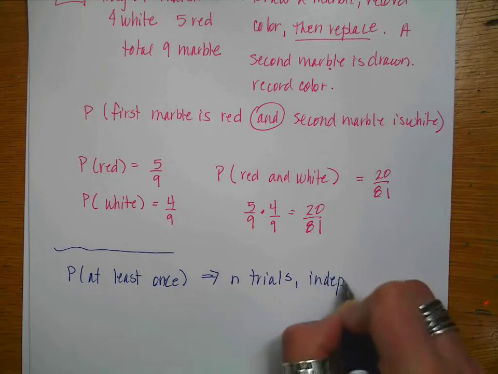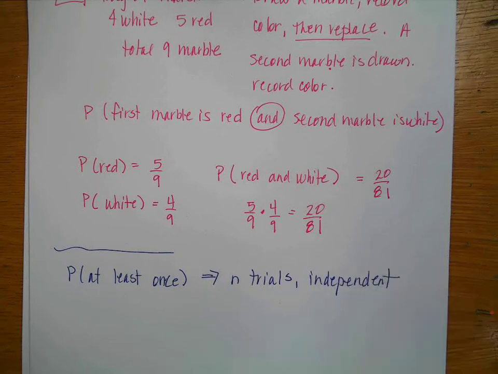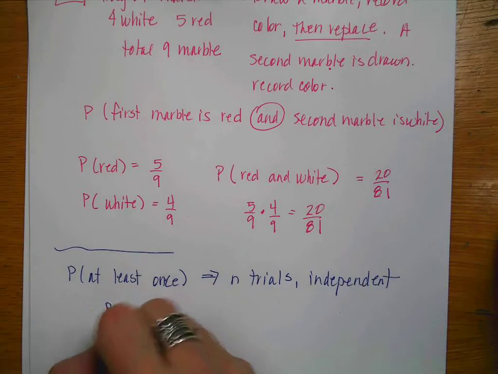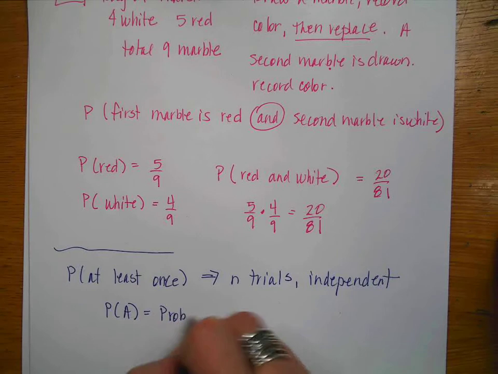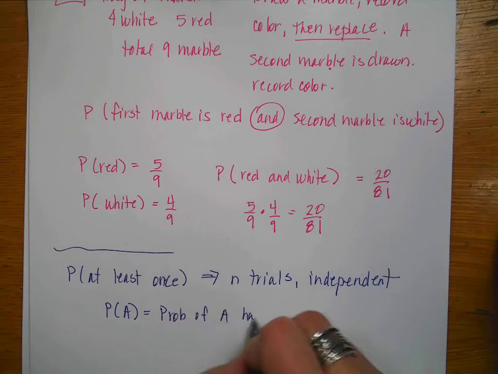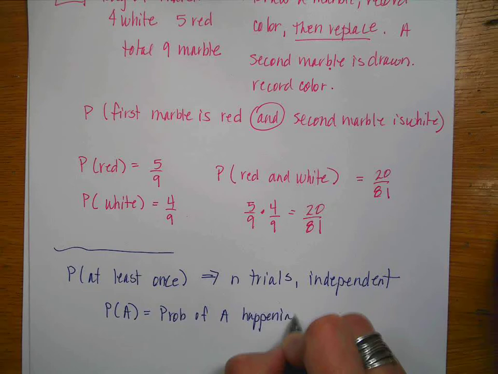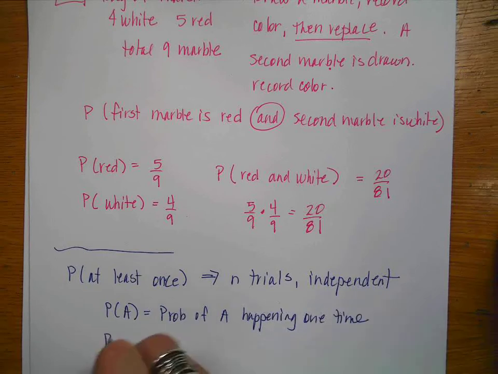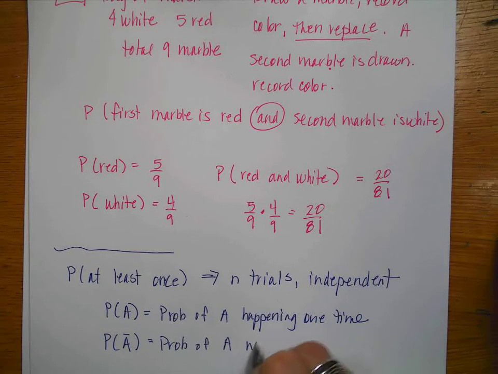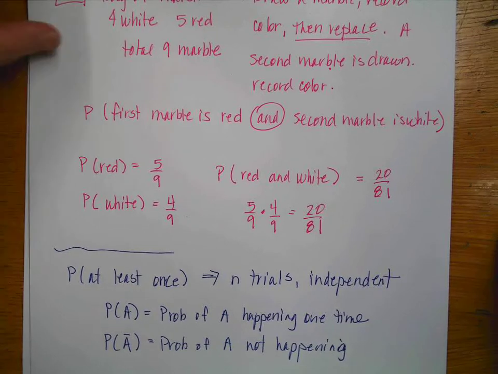Okay? So that means if I'm going to have n trials and they're independent events, okay, then the probability of A is going to be the probability of A happening one time, and then the probability of A bar is going to be the probability of A not happening.